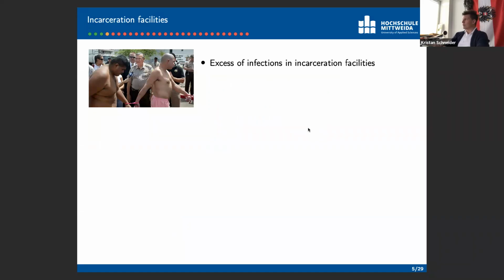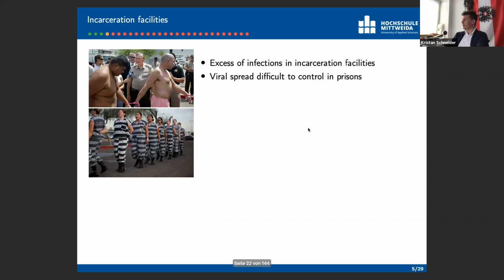So here you see a picture from Tent City in Arizona, where I started doing my malaria research. Sheriff Joe has tons of prisoners, and such incarceration facilities are notoriously difficult to control for spread. I mean, look at the ladies at one of Sheriff Joe's chain gangs.